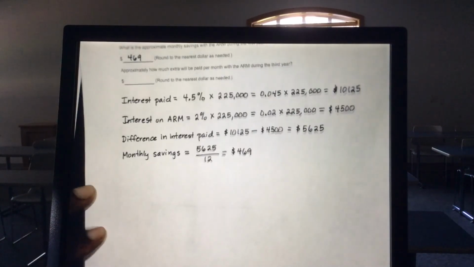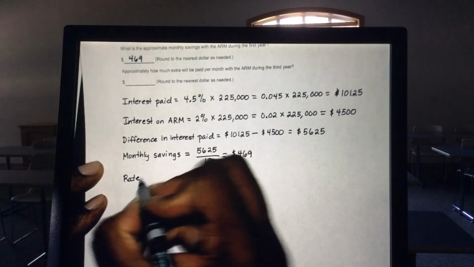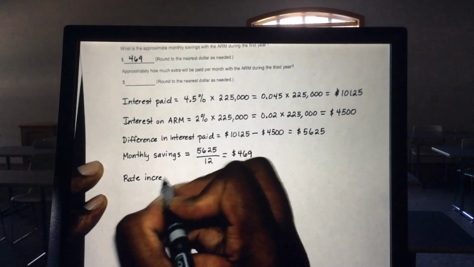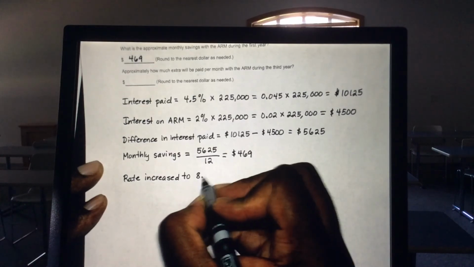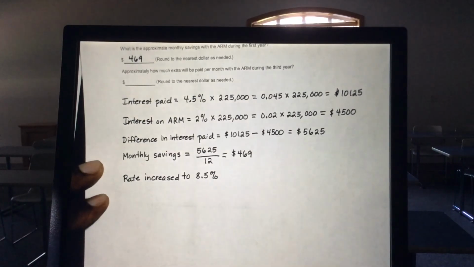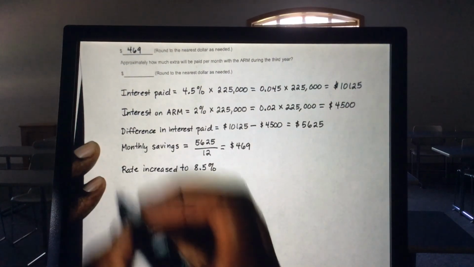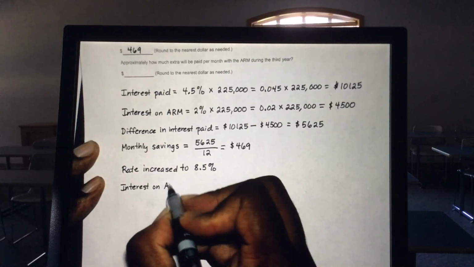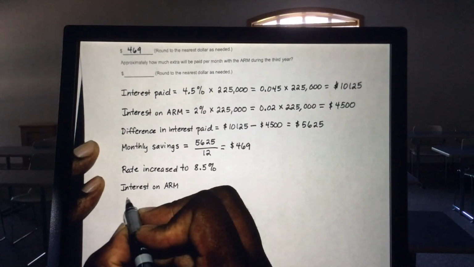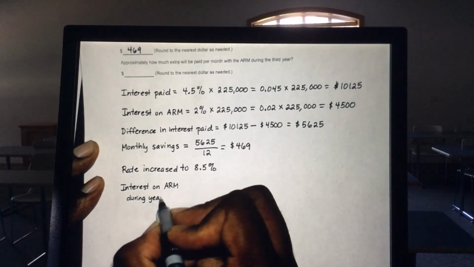So after that third year, your rate has increased to 8.5%. Okay? So now we want the interest on the ARM during year 3.